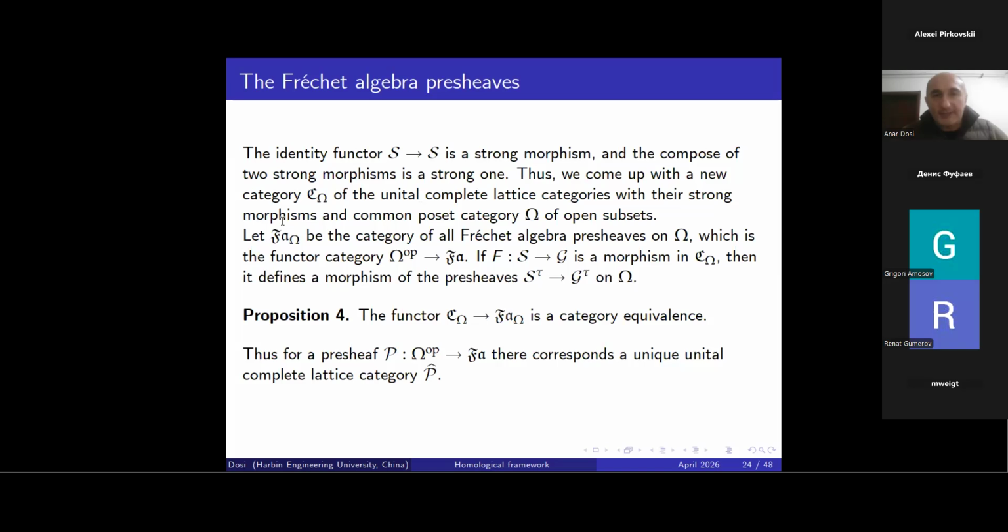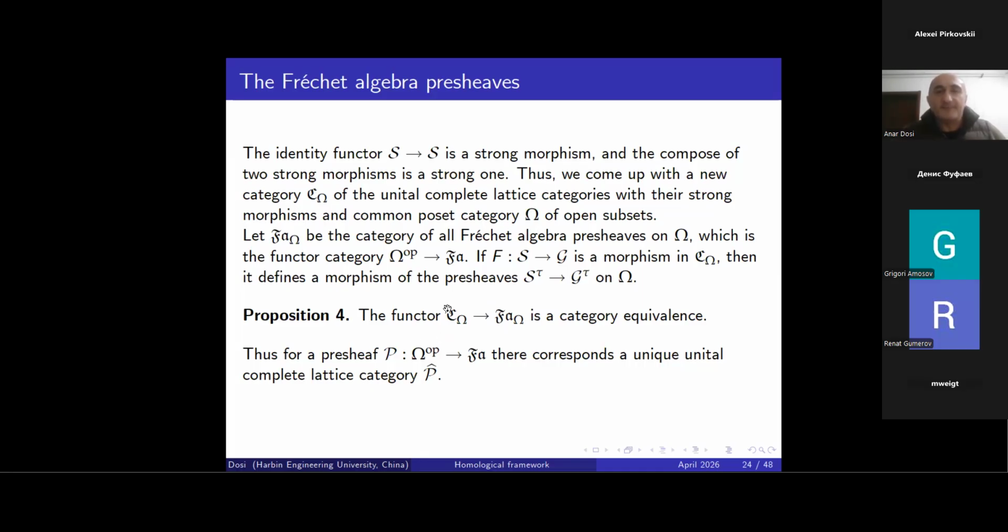Yeah, for example, the identity map is a strong morphism, and a composition of strong morphisms is a strong morphism. So we end up with the category of all unital complete lattice categories with their strong morphisms. Pay attention, this one has a common poset category of open sets. So the next forthcoming proposition tells you that whatever I told here is just a copy of the category of all Fréchet algebra presheaves on omega.